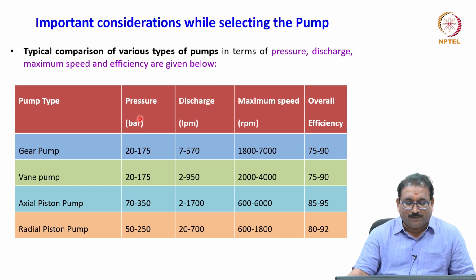You will see the gear pump pressure is 20 to 175 bar, discharge is 7 to 1570 liters per minute, maximum speed is 1800 to 7000 RPM, overall efficiency 75 to 90 percent because of more leakage of oil. Also, they are not close tolerance as compared to the axial piston pumps and the radial piston pumps. Vane pumps are in between. Correct? You will see these characteristics while selecting which type of pump is required, based on the pressure, discharge, maximum speed and overall efficiency you require.